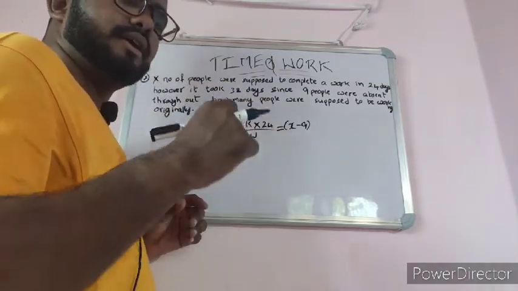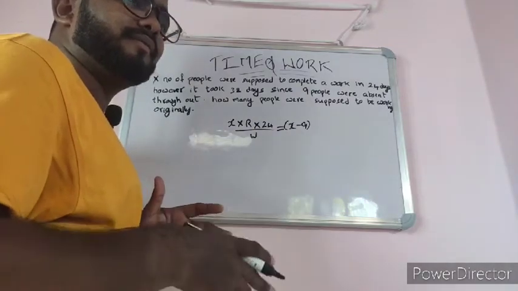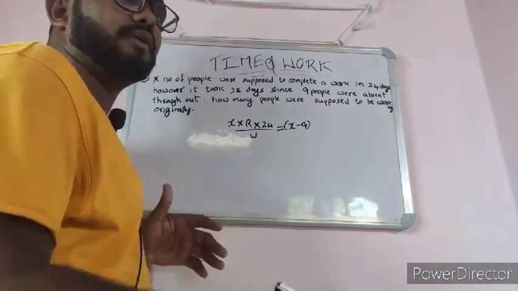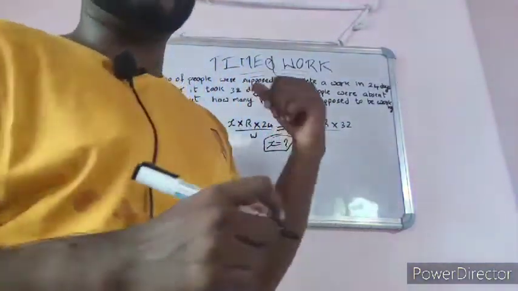Once you understand, aptitude is like rolling a hot knife on butter. The rate is the same, and the number of days it took was 32 days. Work done is the same. So from here we can find out X. So just find out X and mention the answer in the comment box.